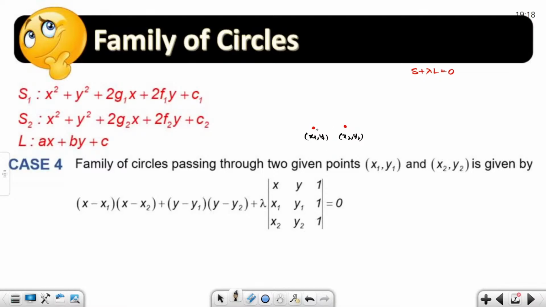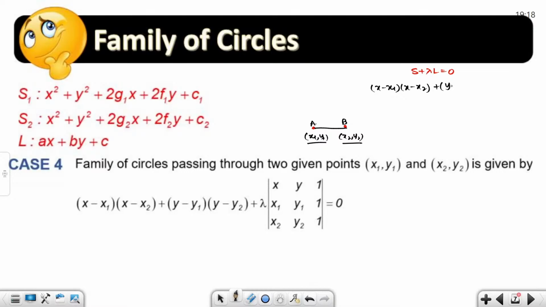So for that, to find out the equation of the circle, I'm simply joining this line. And I try to find out the equation of that circle whose extremities of the diameter are x1, y1 and x2, y2, which is given by (x minus x1)(x minus x2) plus (y minus y1)(y minus y2) equals 0.